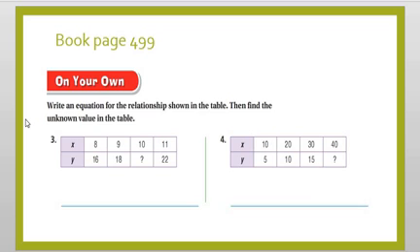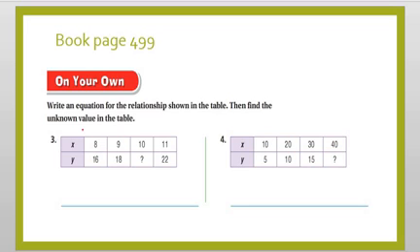Now here on the same page, we have: write an equation for the relationship shown in the table, then find the unknown value in the table. So here actually he didn't give me the equation or the rule or the relationship.